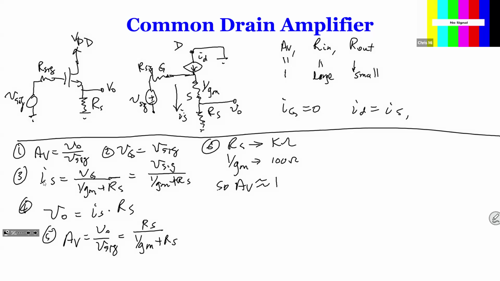Between, I would say 0.95 and 0.999, depending on the circuit parameters. And often for MOSFET, that number could be very close to 1. Okay? So we got that.